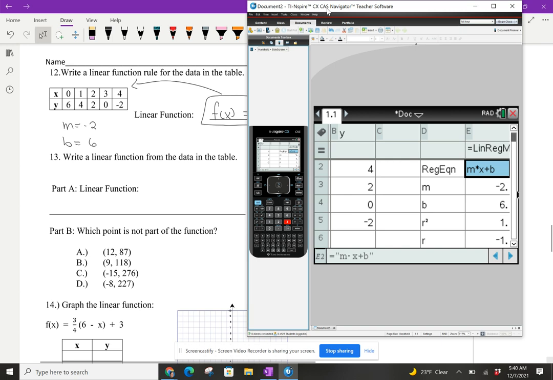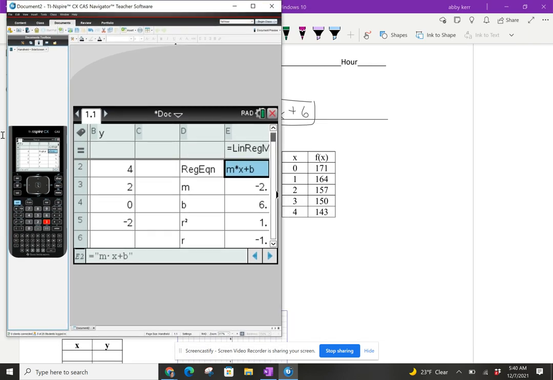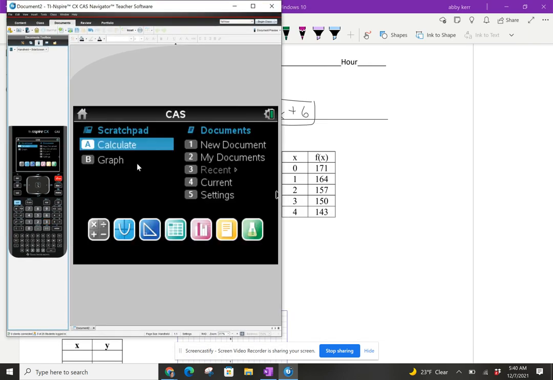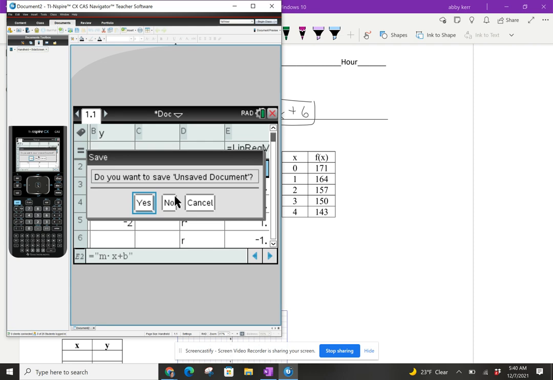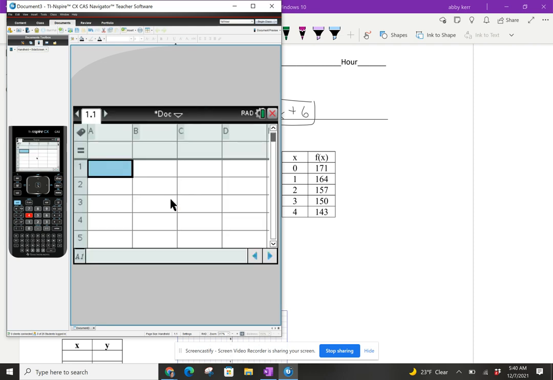And now we're going to do the exact same thing for the next problem. Remember, you have to start a new document. You can only have one list and spreadsheet open at a time. Even though the table is listed f of x, you can still call it y.